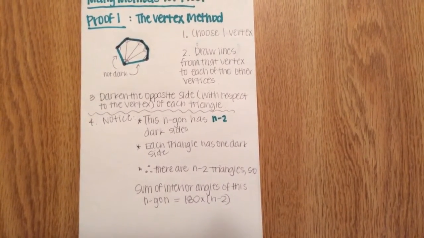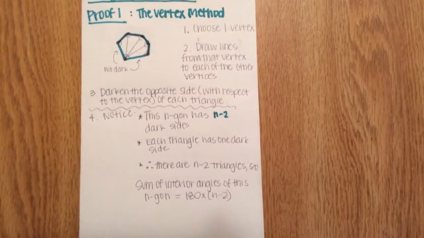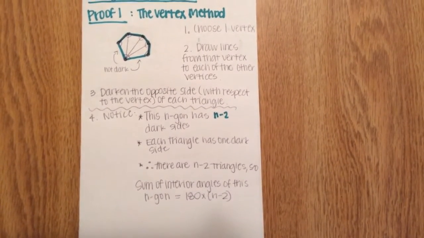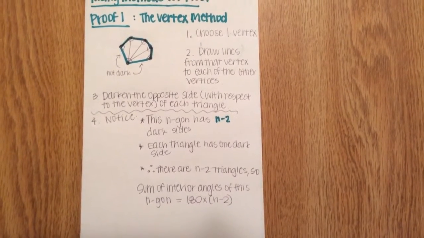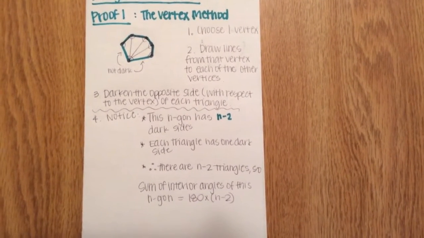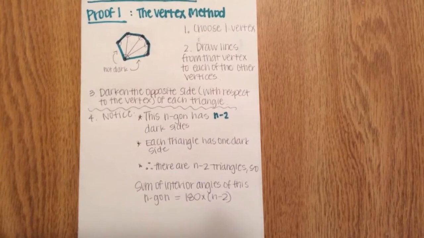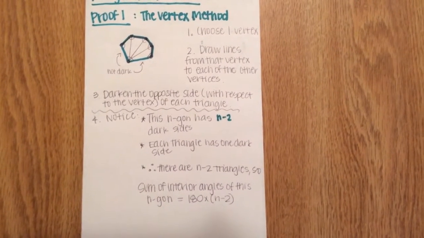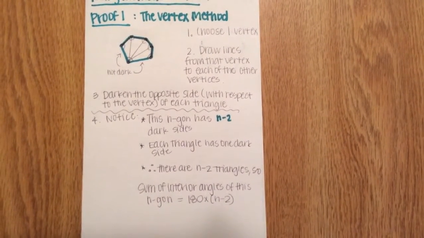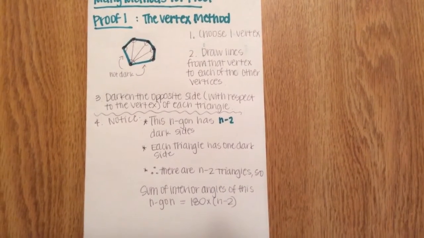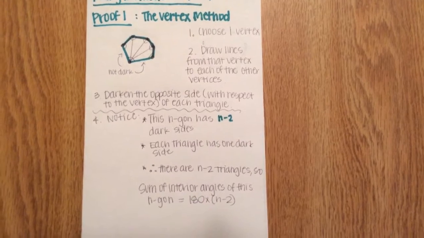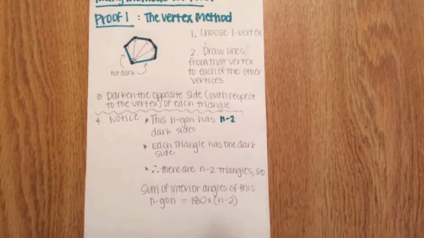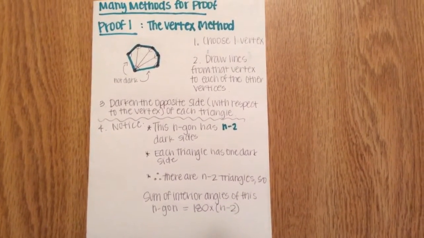So the sum of the interior angles of this n-gon is 180 degrees times n minus 2, because we know that there are n minus 2 triangles which make up the n-gon. So we know that 180 degrees, which is the total amount of degrees in each triangle, times the number of triangles, which is n minus 2, gives the sum for our n-gon.